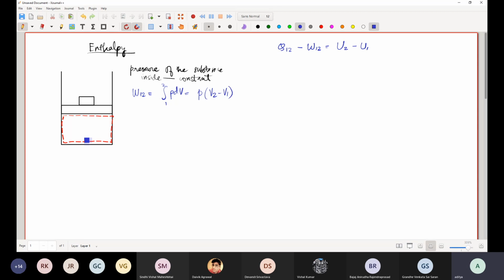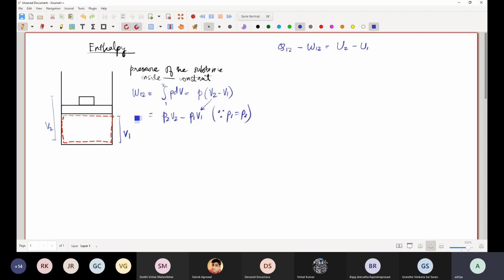Say due to some process, the volume goes from V1 to V2. The work done in that process, because it's isobaric, will be this, and consequently we can also write it as P2V2 minus P1V1, solely because P1 is equal to P2.